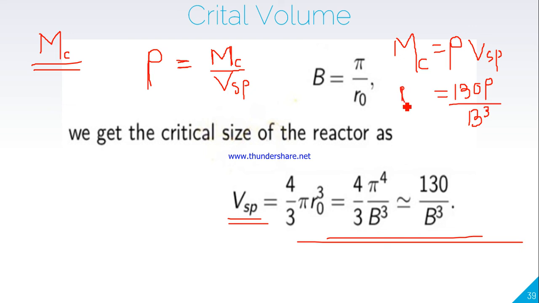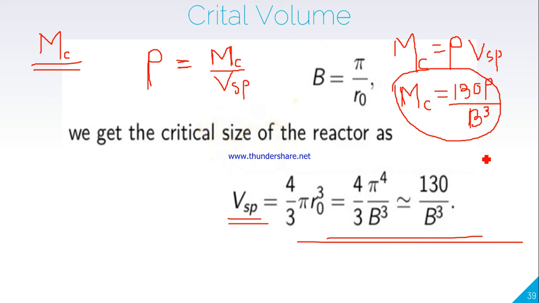That means for a spherical reactor, if you know the density of uranium 235, and the geometrical buckling you can find out based on all the parameters.